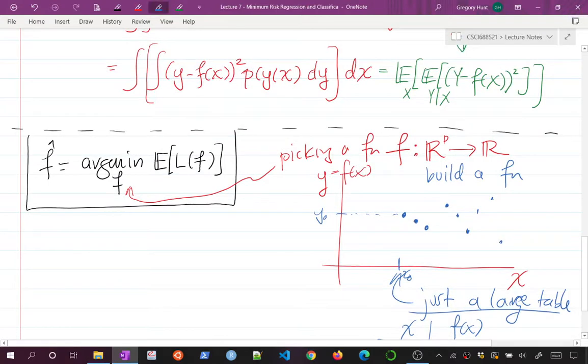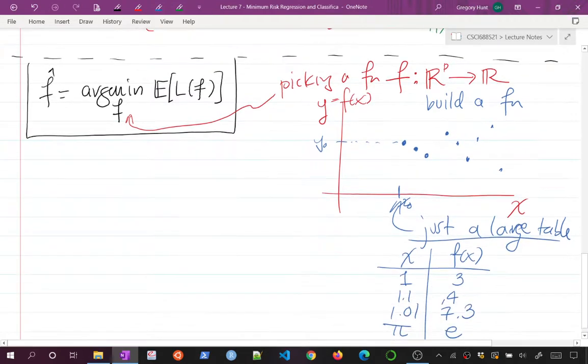I can basically build up a function point by point. For this x, for this x, for this x. Tell me what the y is, tell me what the y is. So when I'm building my f hat, I can do it for each of my x's individually. Okay. Why do I care about that? So let me just write that.